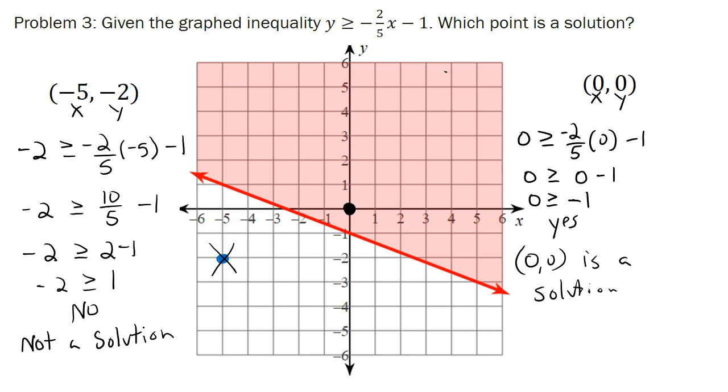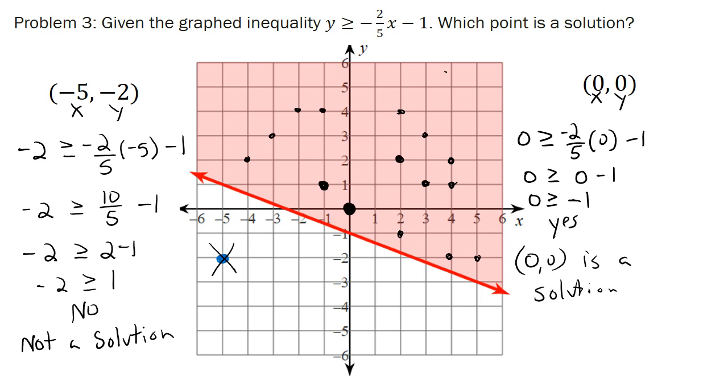Now that point was above the line. That means if you plug in the point (-1, 1), that would also be a solution. Same thing with (2, 2), (3, 1). All the points in the shaded area would give you yes if you plug those points into the inequality.